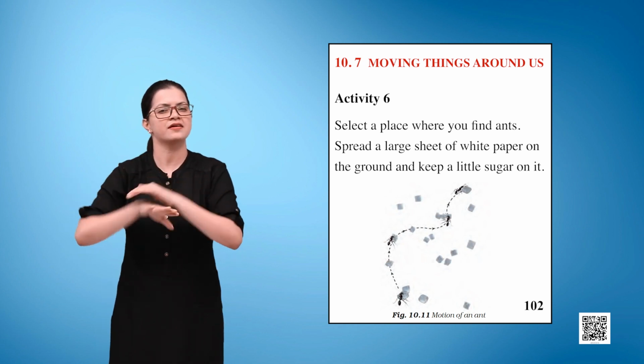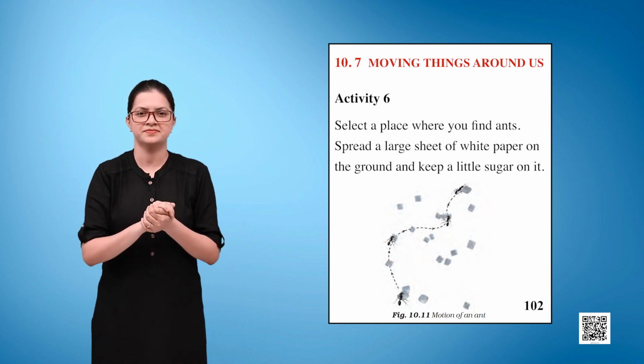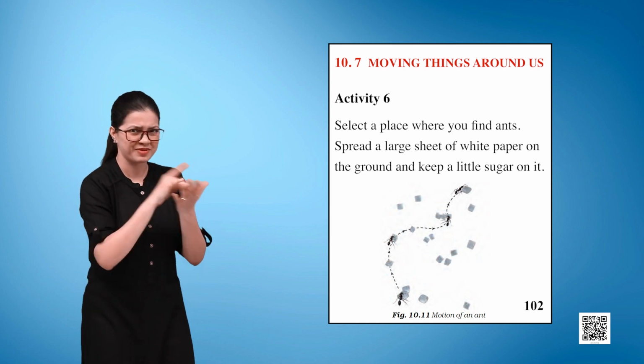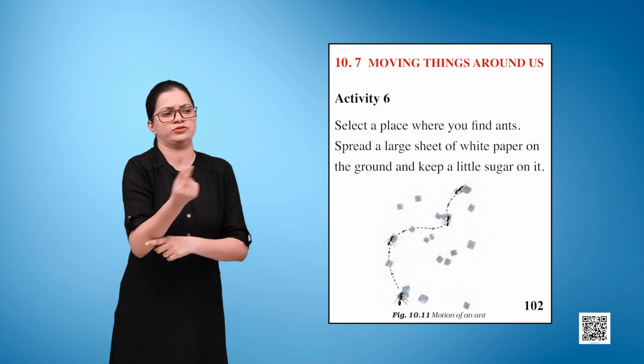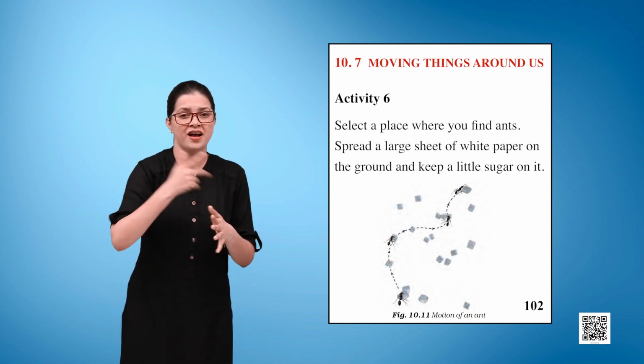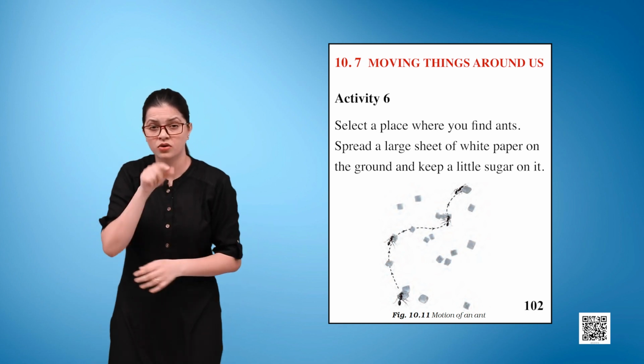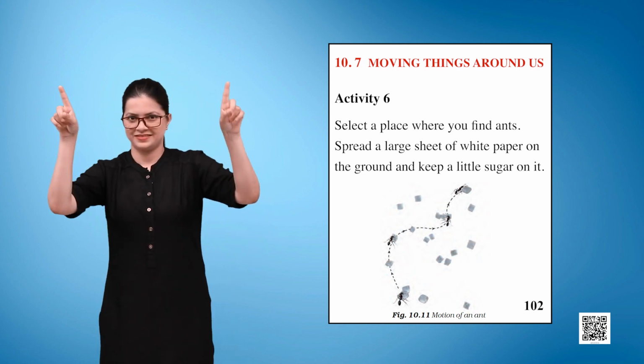Activity 6. Select a place where you find ants. Spread a large sheet of white paper on the ground and keep a little sugar on it.